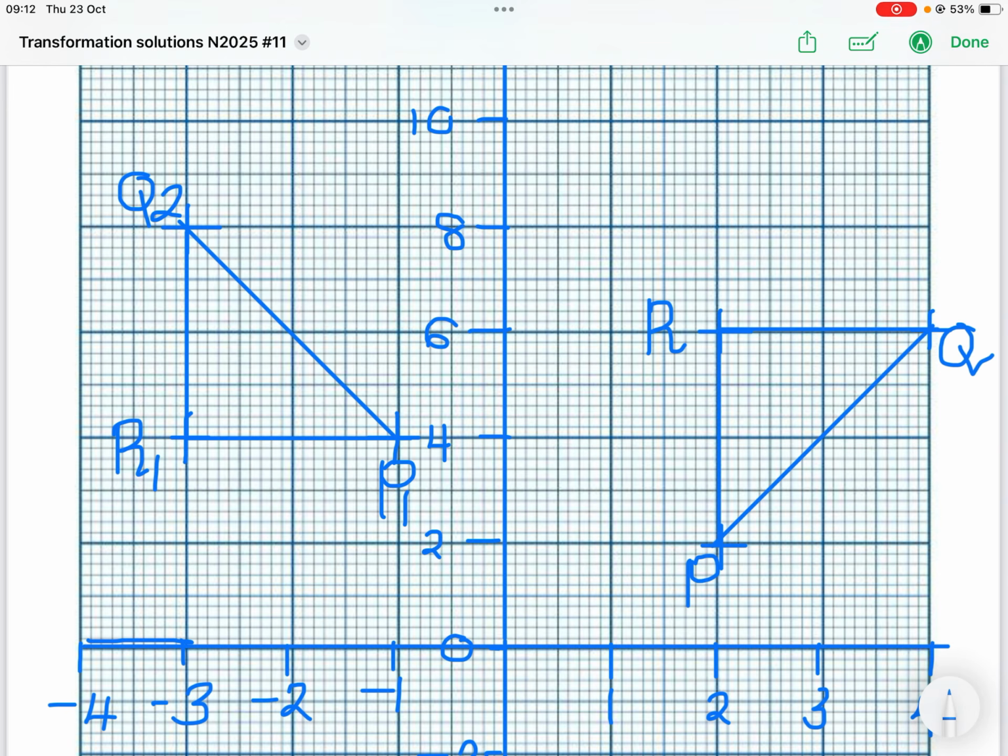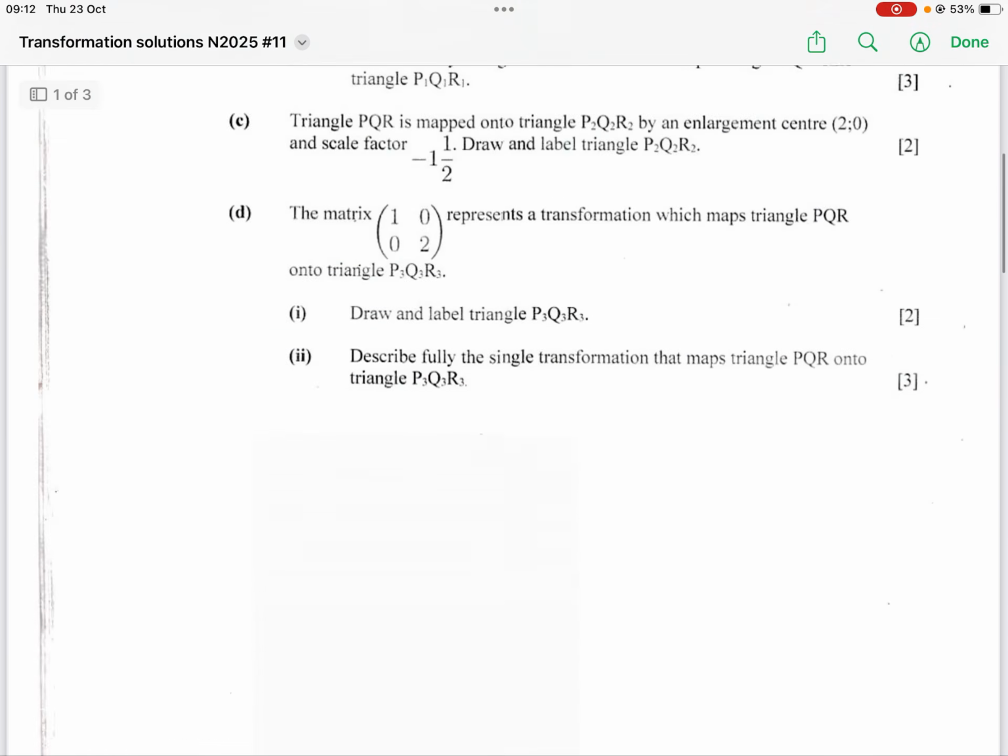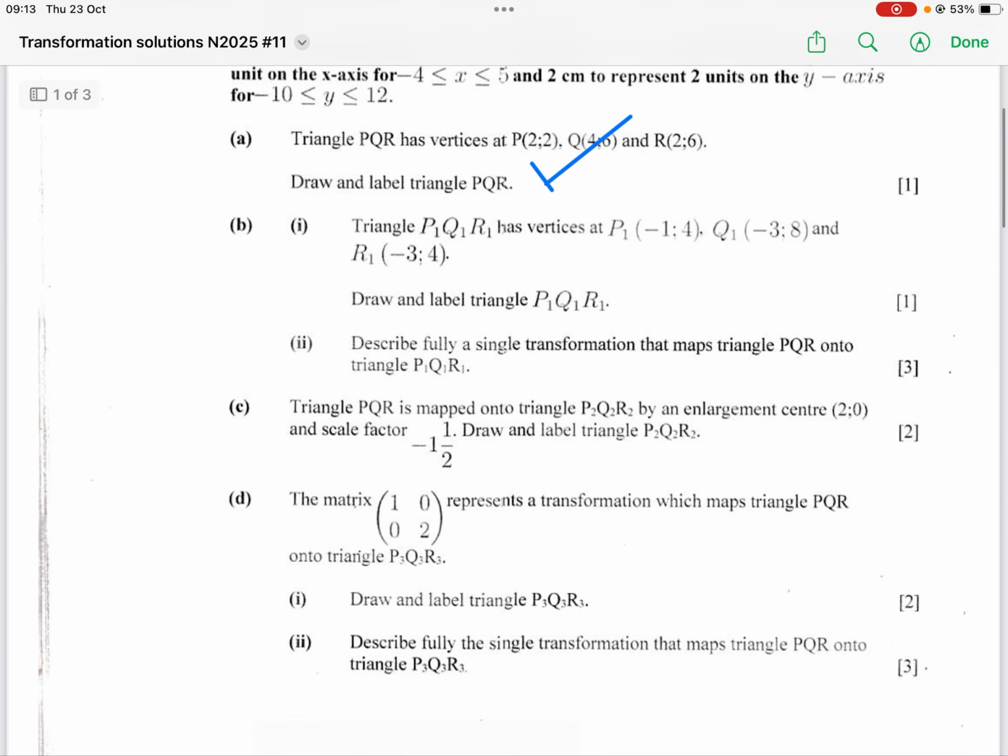So by doing this, we have managed to draw our triangle. So this point is Q1, not Q2. So we have managed to draw our triangle P1, Q1, R1. That is how you get the second mark. This part we are done.